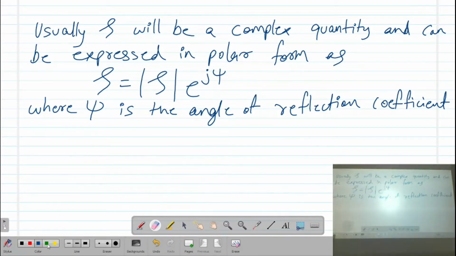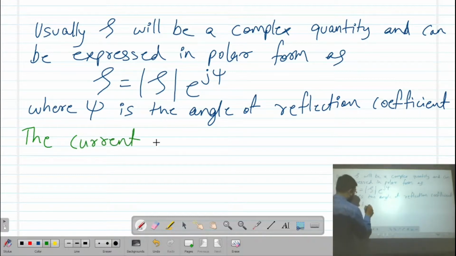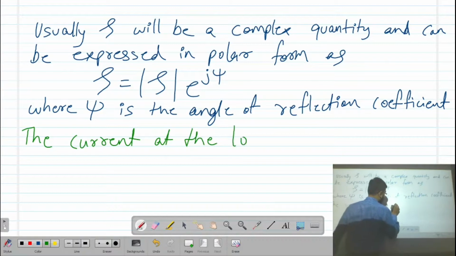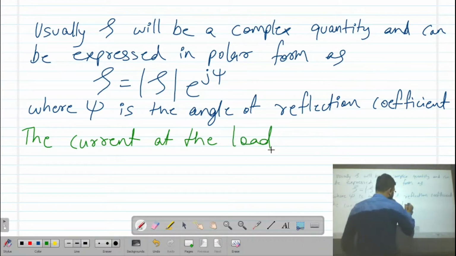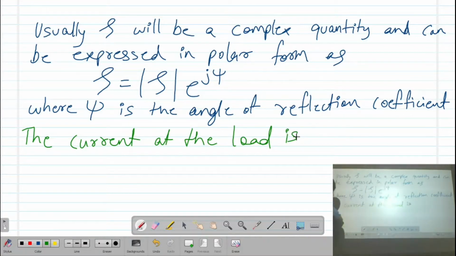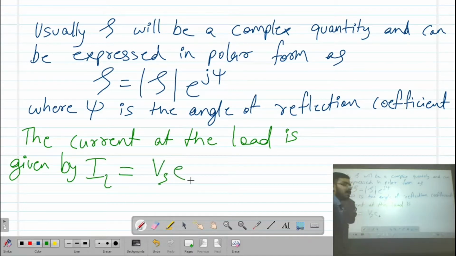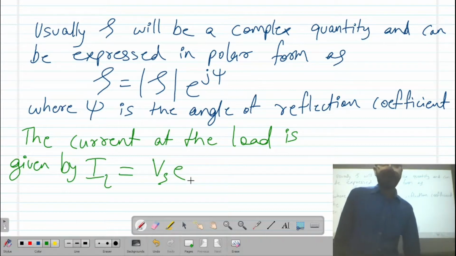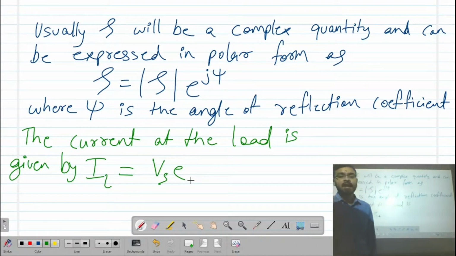We know that the current at the load is given by IL is equal to Vs... I is equal to V by R, but as V contains two terms, that is Vs and Vr, and R is nothing but Z0, so we are directly writing that equation.